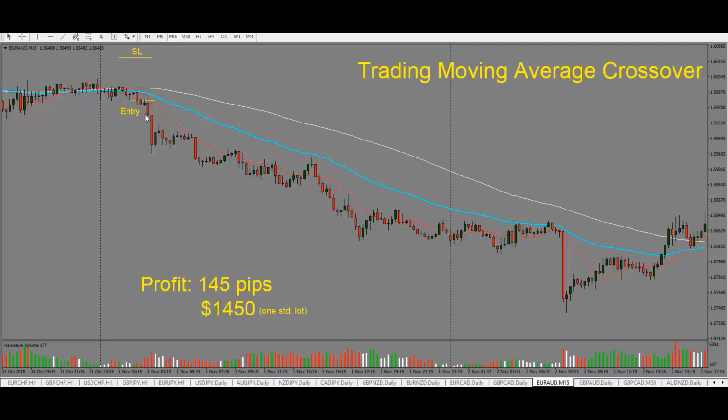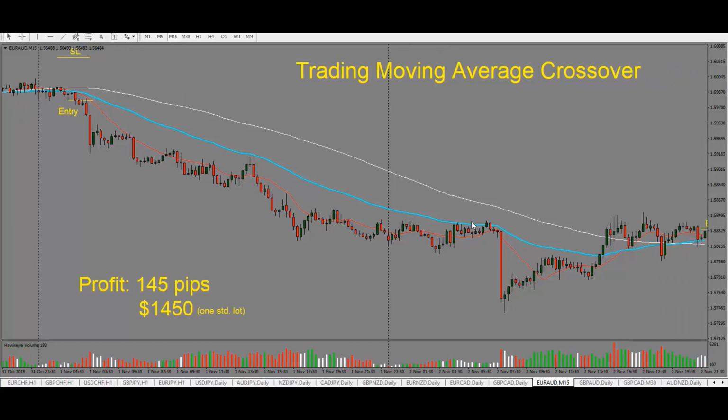So either way we enter the trade short, and our stop would go on the other side of the high here. We want to put our stop a little bit higher, giving the trade some room to breathe. We stay with the trade as long as our moving averages are spread out, and as we see, price drops here, then starts to pull back and our moving averages cross in the opposite direction.